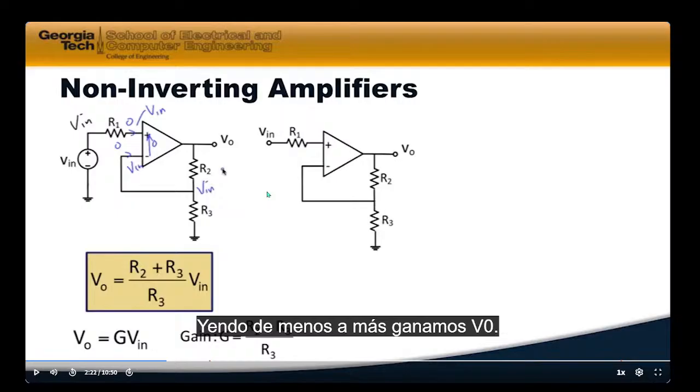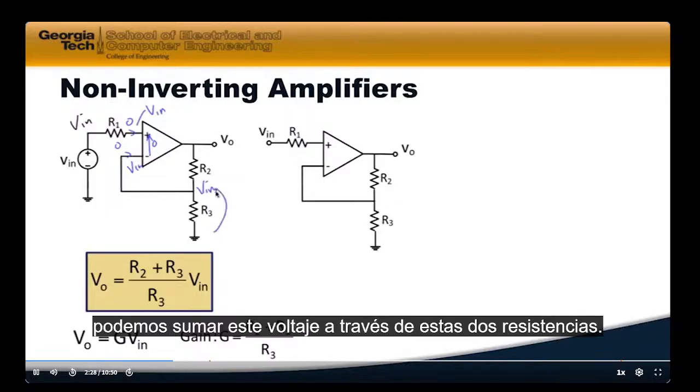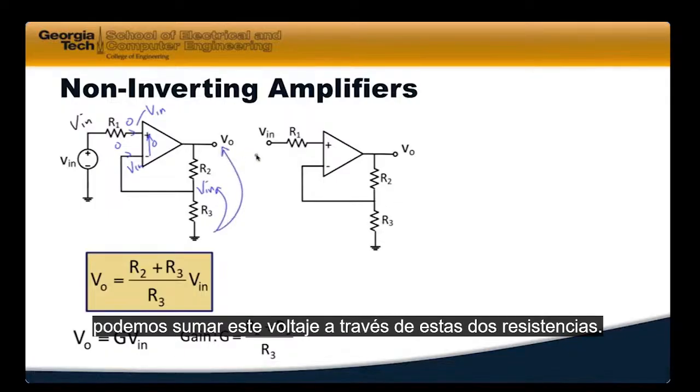At this point in time, I can use a voltage divider law. So if this is from 0 up to Vn, I'm looking at this potential versus that potential.